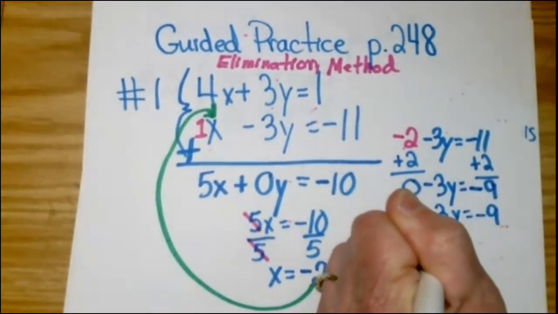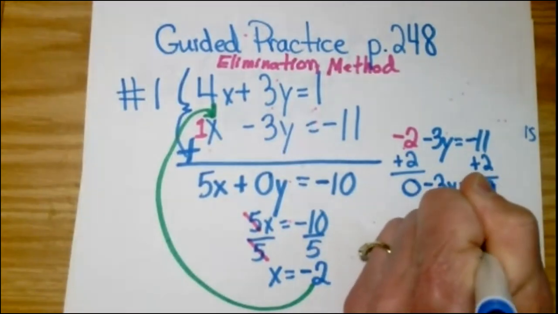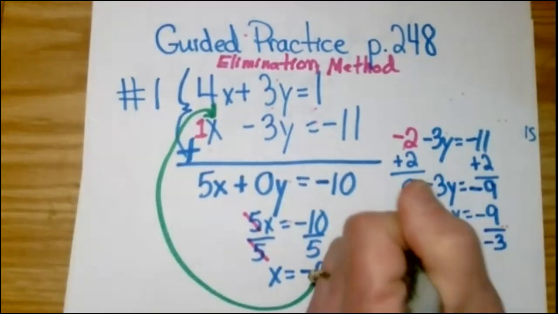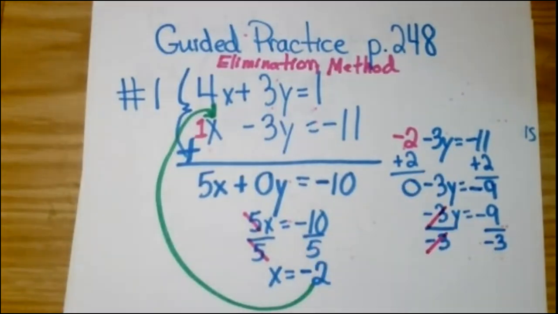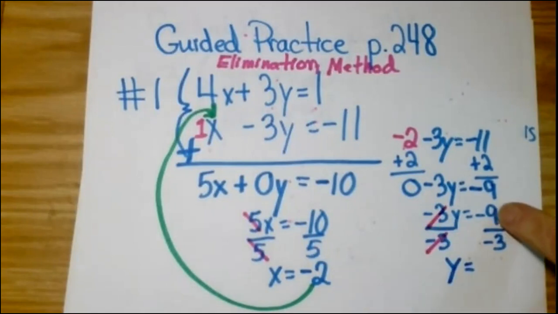Divide both sides by negative 3. Don't forget it's a negative 3 to both sides. The negatives will cancel each other out, and the 3s will cancel. You're left with just y equals negative 9 divided by negative 3.